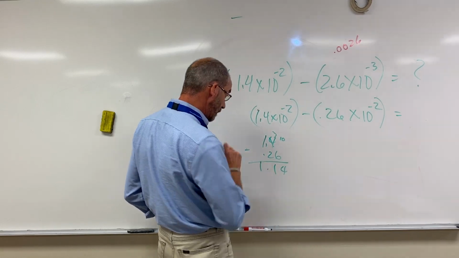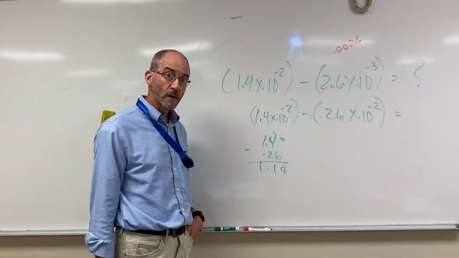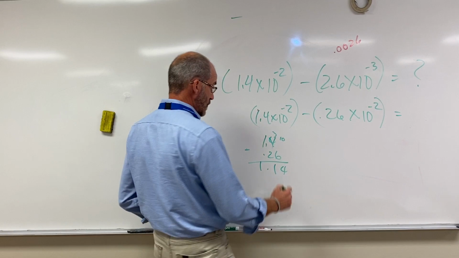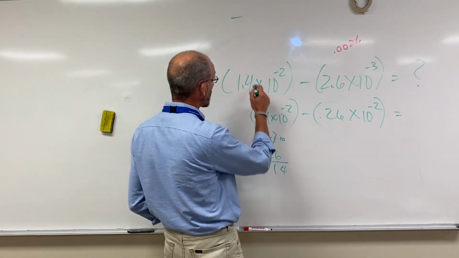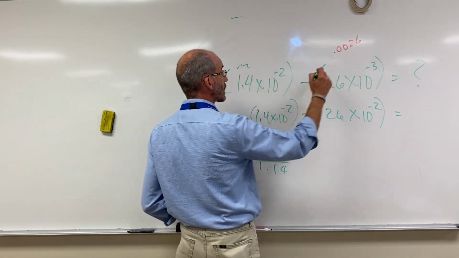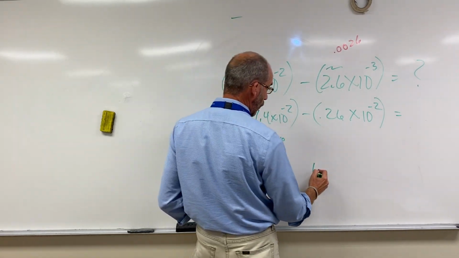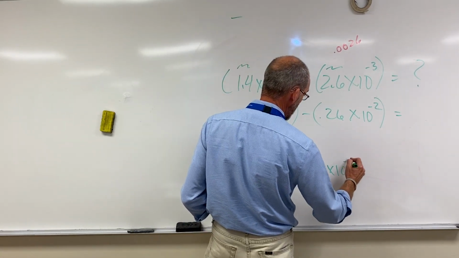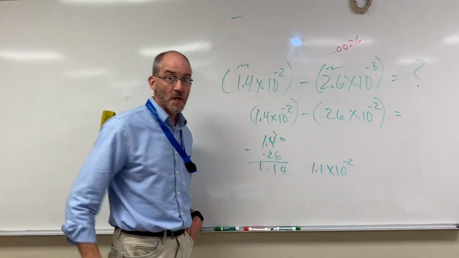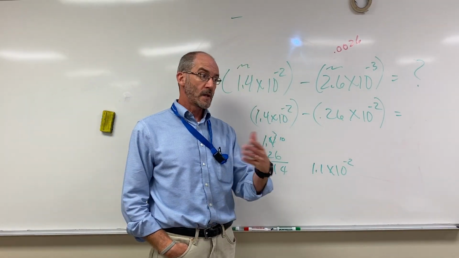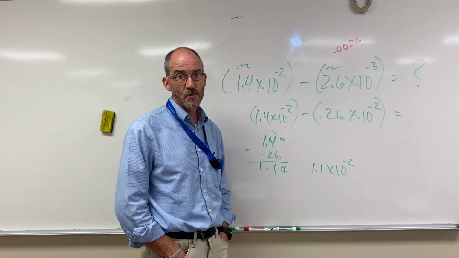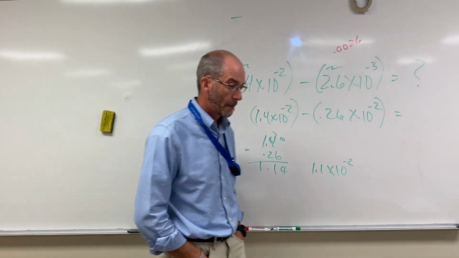Well, it's 1. It's 1.14. So I'm going to drop my 4 because remember I only have 2 sig figs, right? And it's not enough to make it round, so it's going to be 1.1 times 10 to the negative second. Isn't that the same answer that I got before? And the answer is yes, that's the same answer that you got before.